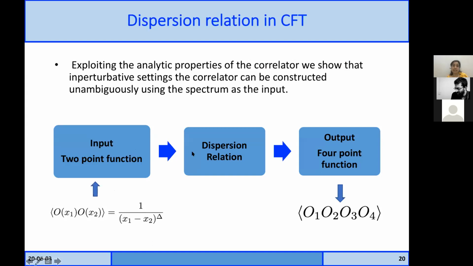You plug it in the dispersion relation and it pops out the 4-point function. So you just plug in the 2-point function data in the dispersion relation and end up getting the 4-point function. This is schematically the idea of the dispersion relation.